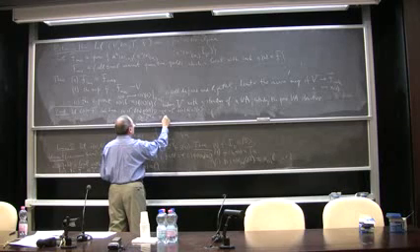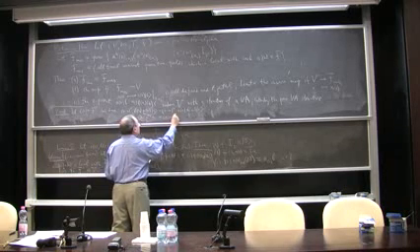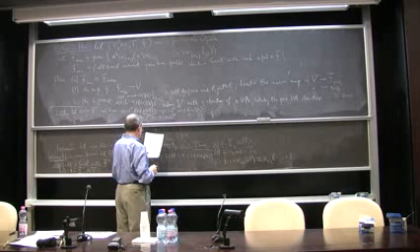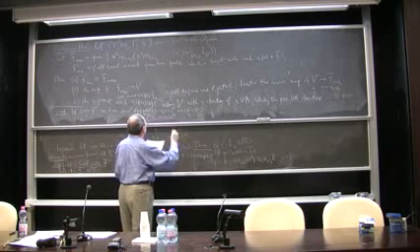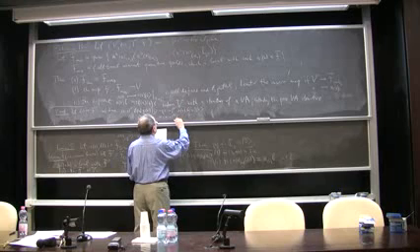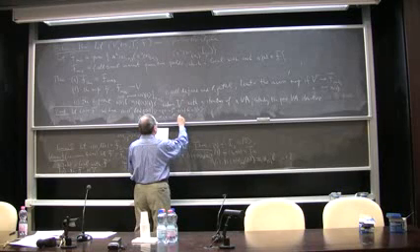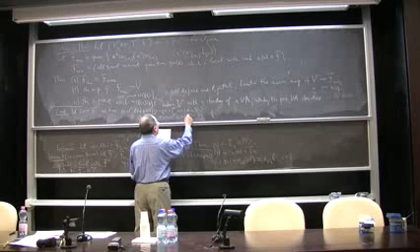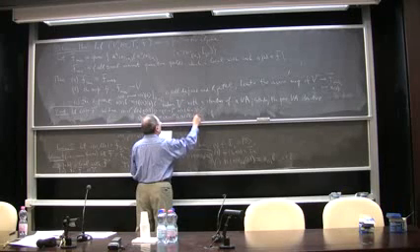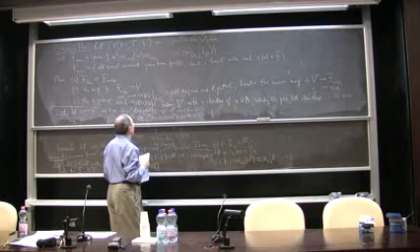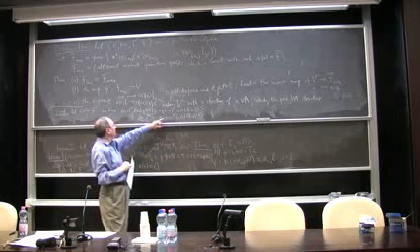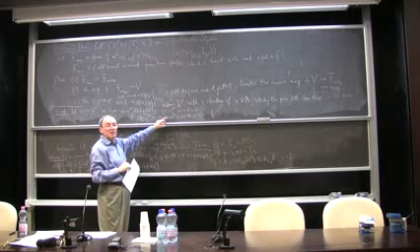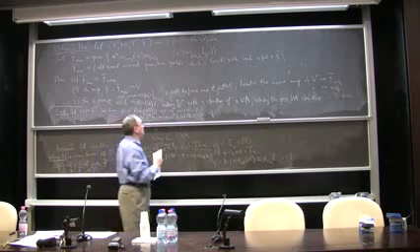Now what about the right hand side? It is (Z minus W) to the N times A of Z, B of W applied to the vacuum. But now the right hand side is a formal series in W. Therefore you can put W equals 0.